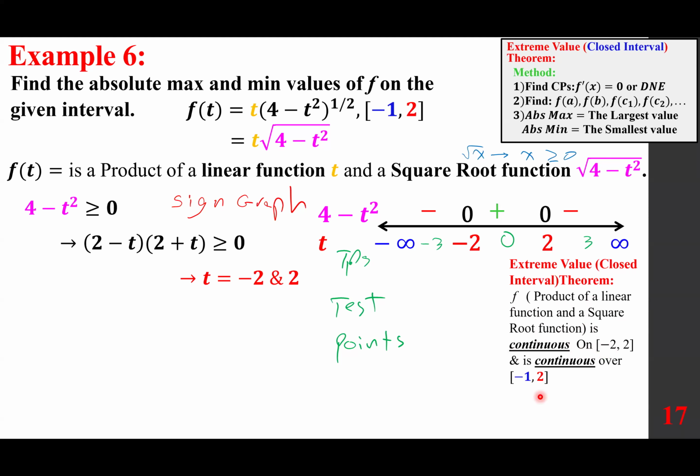And therefore, it's continuous in the given interval of minus 1 to 2 because the interval of negative 2 to 2 contains the given interval of negative 1 to 2. So we just proved actually it works. And therefore, we're going to move on with f prime of x, in this case, f prime of t, whatever the independent variable is.